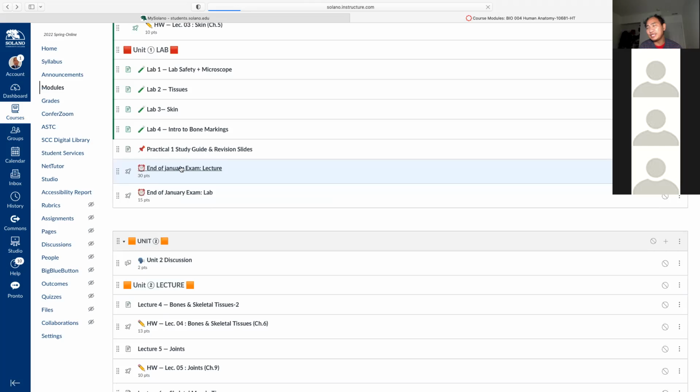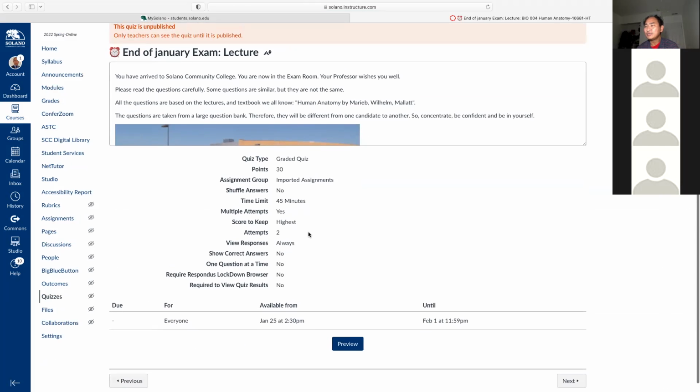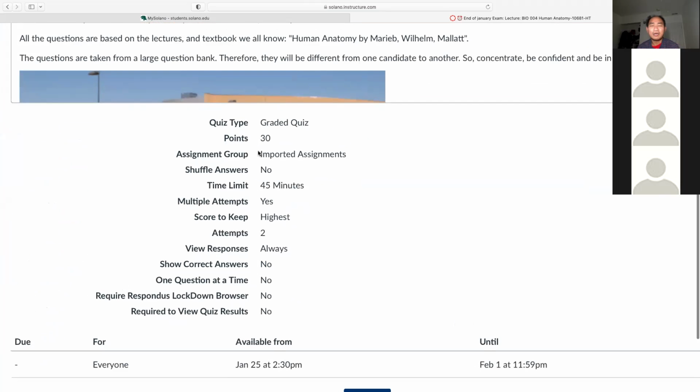So the end of January exam, let's go there. I always do one question, one point. I do not use one question, two points. The reason is if somebody makes a mistake, they lose only one point. If I use two, there will be a two-point difference, and that's a big hit if you only make two mistakes and lose four marks.